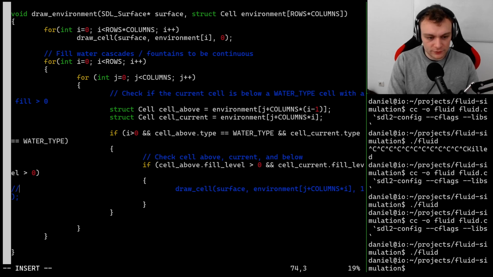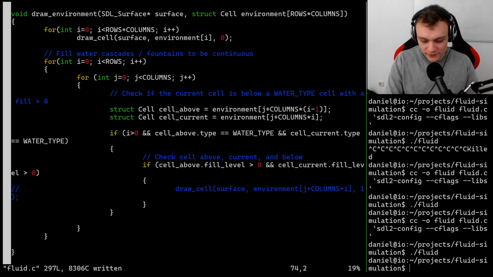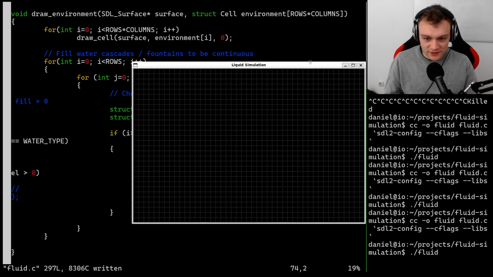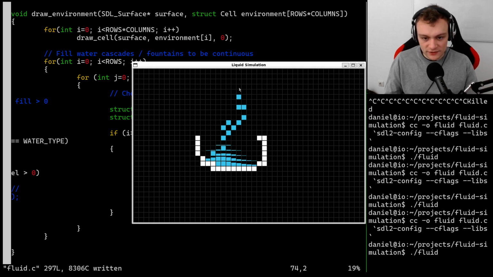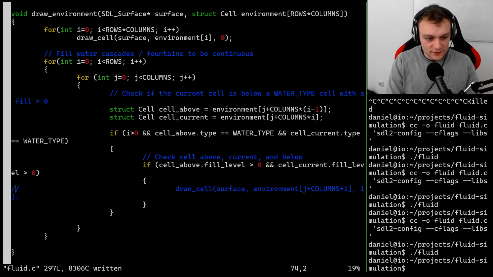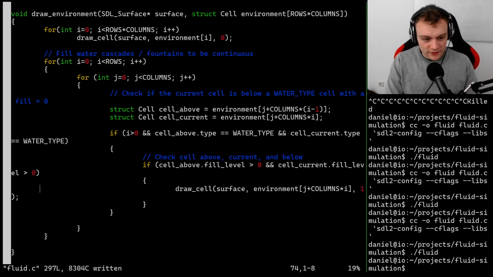Let me just confirm that the logic is still okay by commenting out the graphics part. Yeah, that looks good. And drawing the cell here, we draw to the surface, we draw the following cell.